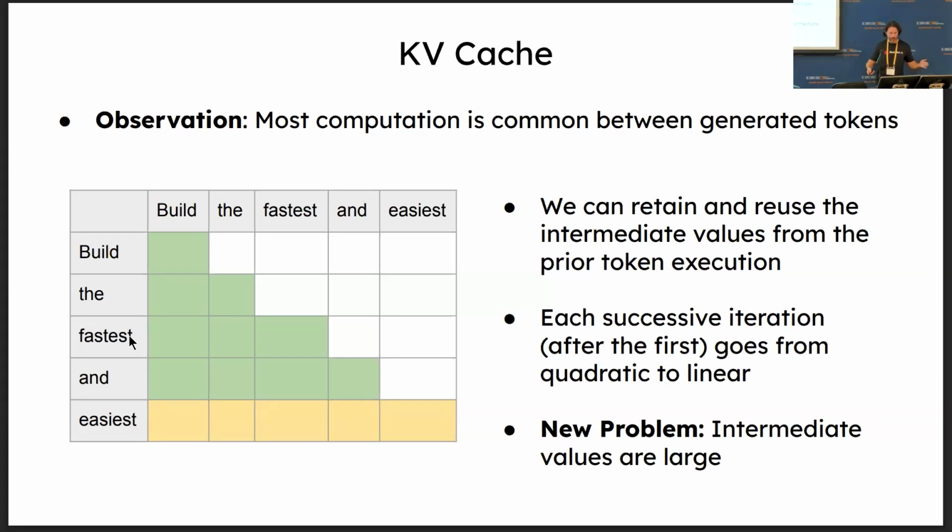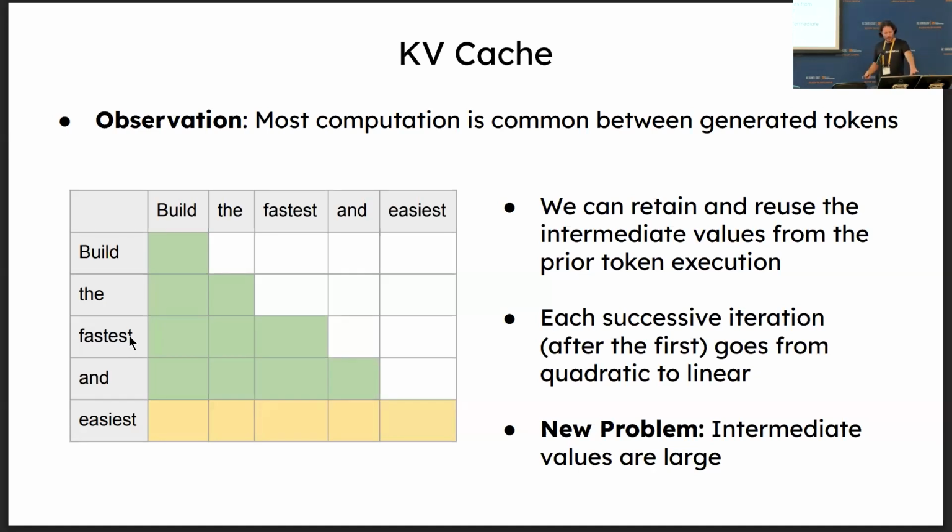If you see here, the green represents what was done to generate the last token. We had to compute the attention between all of these different tokens. The only new intermediate states that we have to generate, the key and value matrices, as they're called in the attention operation, are the ones for the next token that we chose from the last iteration, and then all of the others.